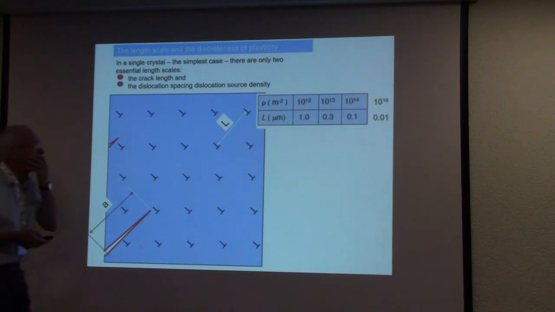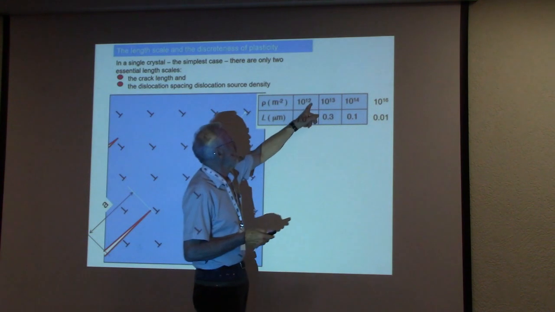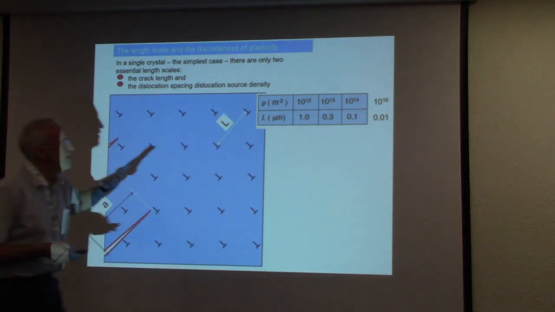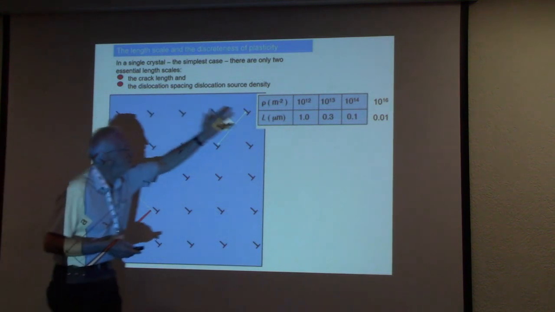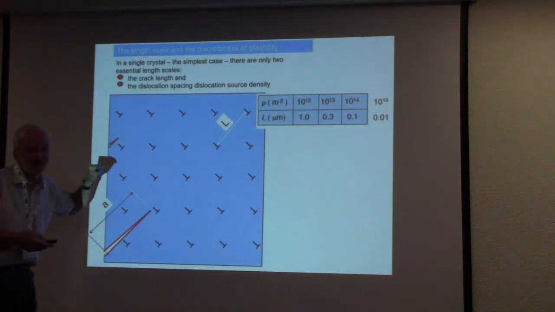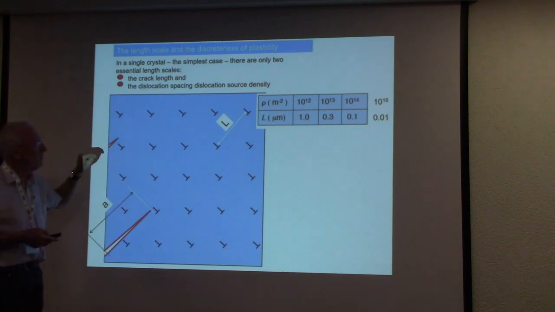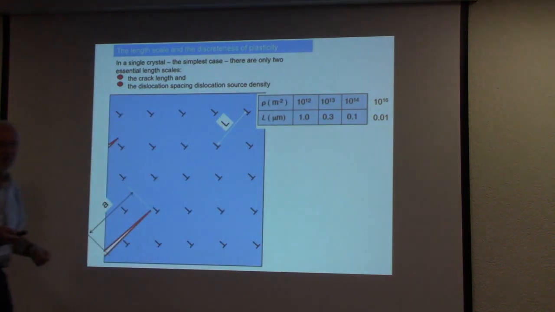So the density of dislocations varies. If you have a recrystallized material, so if you slowly cool down from high temperature, the typical density of dislocations is 10 to the 12th per square meter. What does it mean? If you take a square meter and count how many of these half planes you find on this area, you find 10 to the 12th of such defects on 1 square meter.